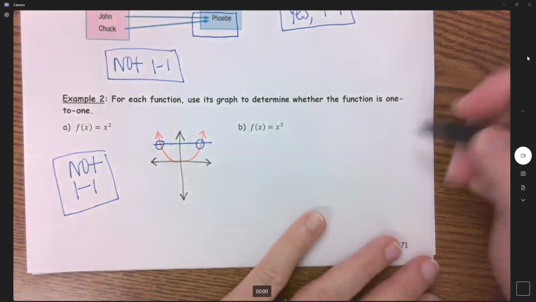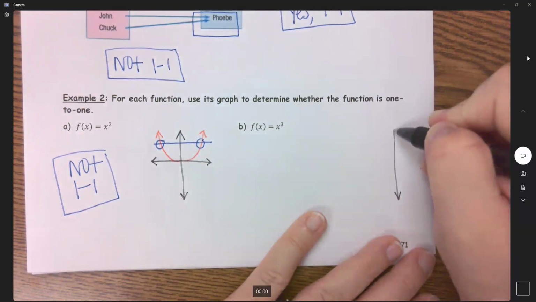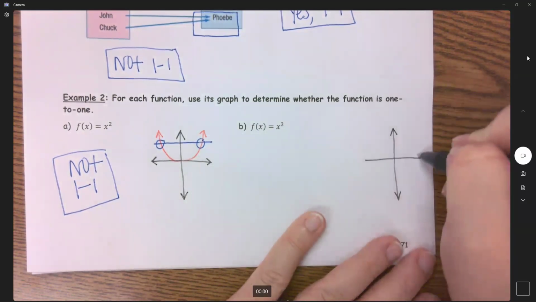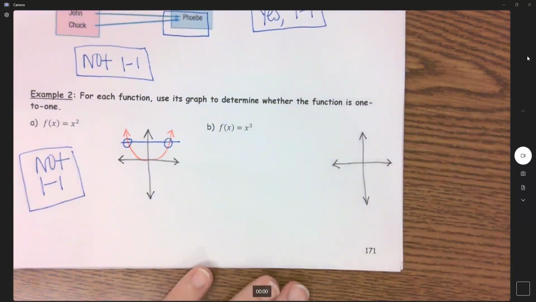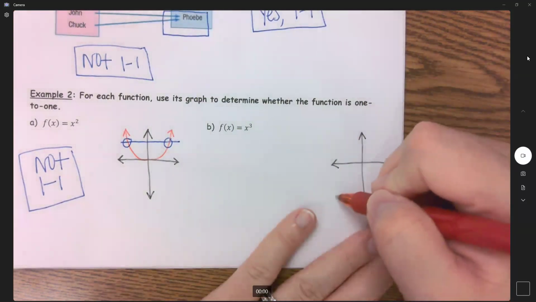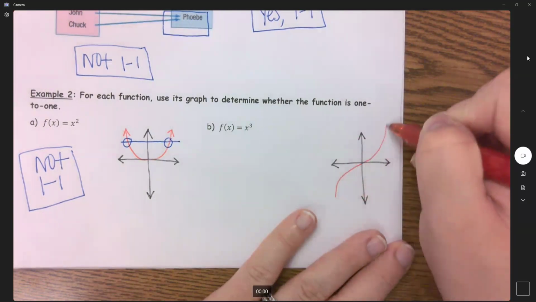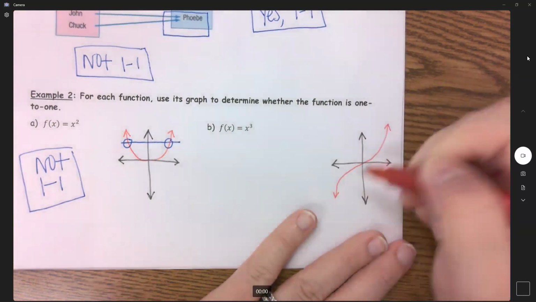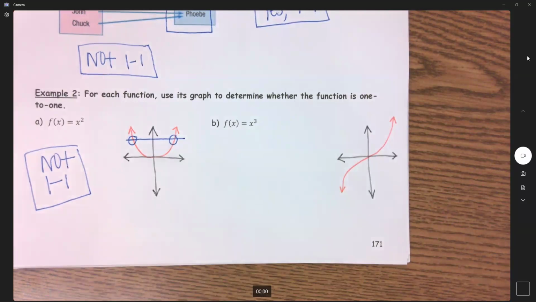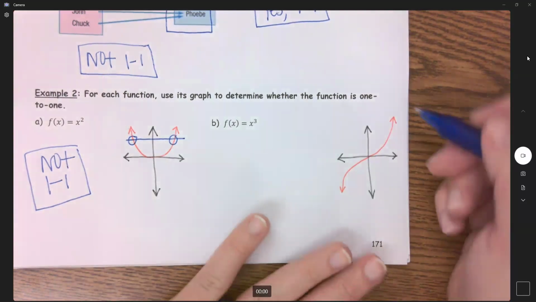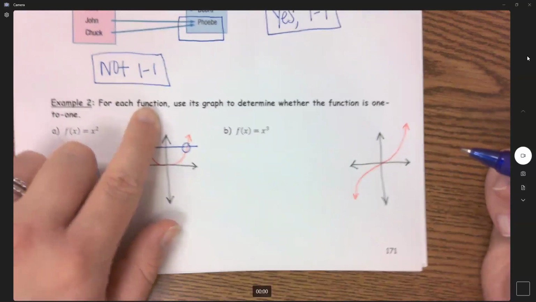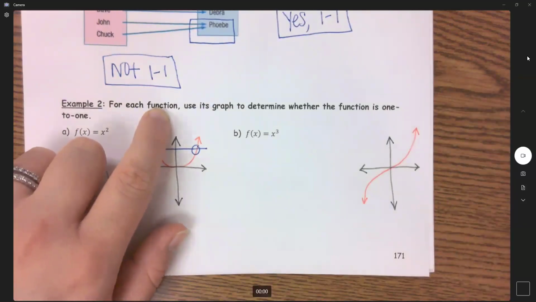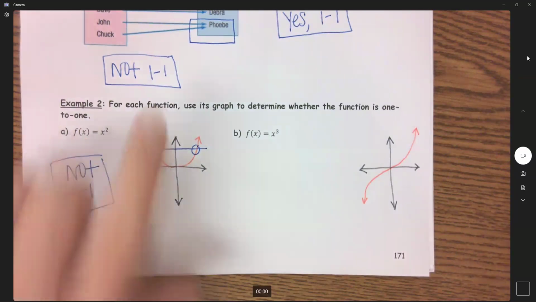This one isn't quite as common. So if you need to use your graph or your graphing calculator, you can. But this one kind of snakes like so. And so does this one pass the vertical line test? Yes. So it's a function. Okay, but it's really already told me it's a function, so we don't really need to check for that.